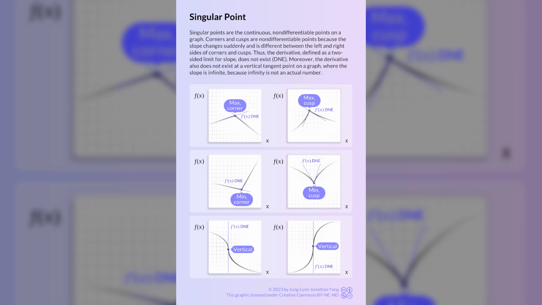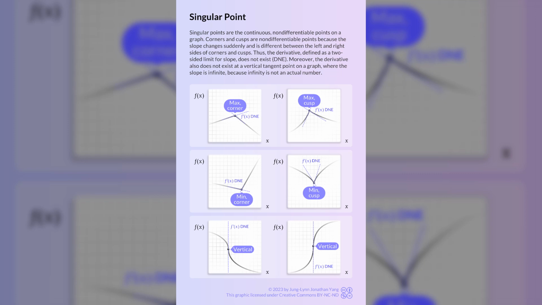If we have something that looks like a mountain peak, whether it's a corner or a cusp, we have a maximum. In the other case, we can have a valley. If we have the corner or the cusp with a pointed end downward, then this point at the bottom of this valley is the minimum.